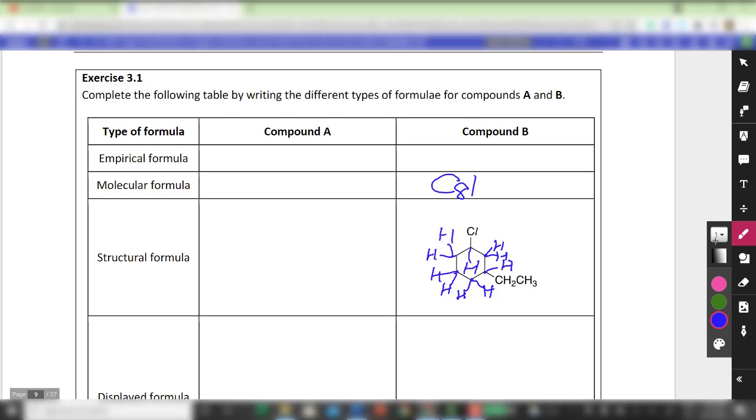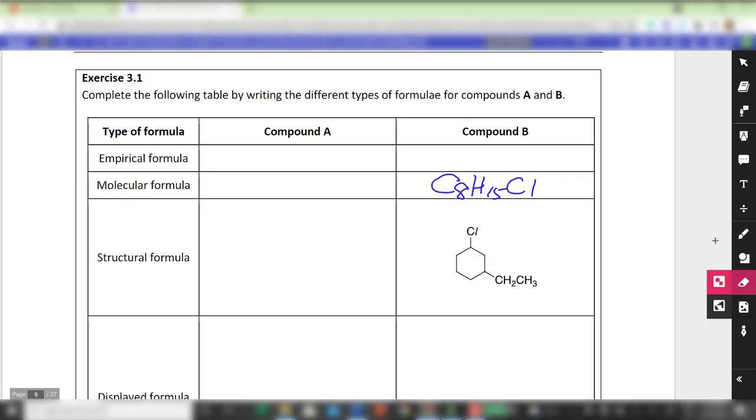So H15, Cl. Okay, maybe I want to put it across categorically that this is actually very bad practice, drawing out the H, because when you are at the advanced stage, you shouldn't be drawing out the H's. You should be able to count it fast, like 5, 6, 7, 8, 9, 10, 11, 12, 13, 14, 15, something like that. Yeah, but I think at this stage it's fine. You can just doodle a bit.